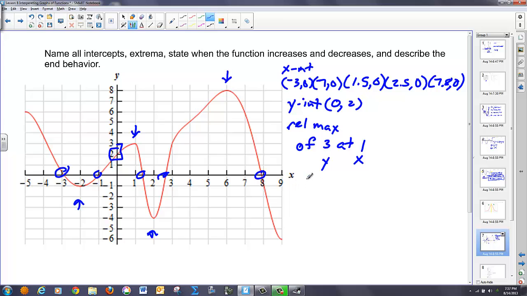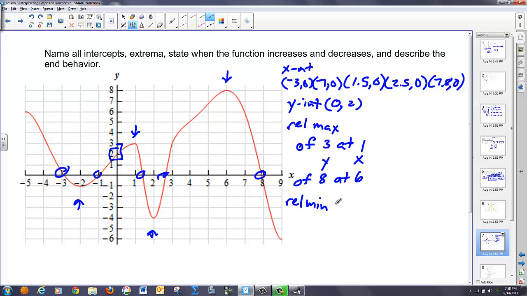There's also a relative max of, here's this other relative max here, and it goes all the way up to 8 at the x value of 6. Now let's take a peek at a relative minimum. So if I want my relative minimums, those are my low points.